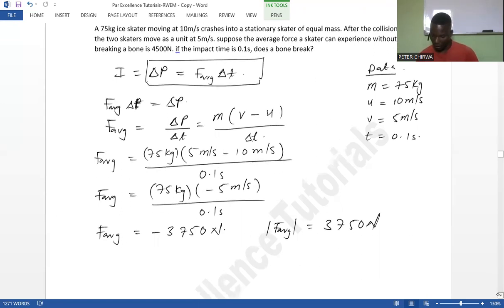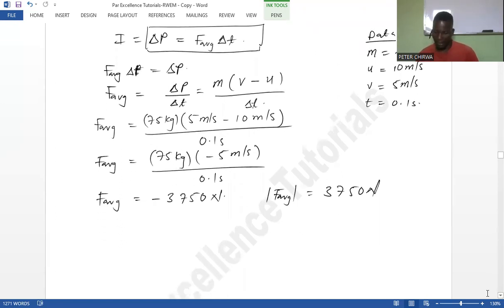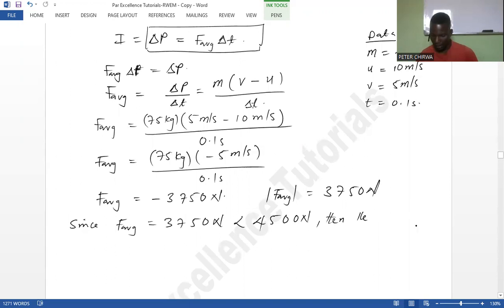Now we make a conclusion: since the average force, which is equal to 3,750 Newton, is less than the average force in the question that a skater can endure, 4,500 Newton, then the bone won't break.